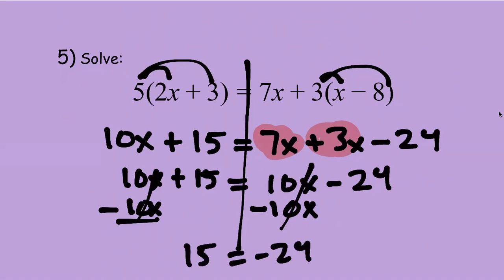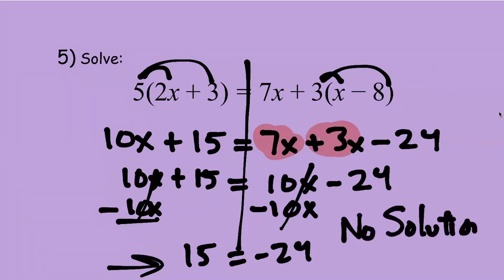Well, what this is saying is 15 is equal to -24. And unless you're in some weird kind of dimension, that's never the case. So when you have an answer like that, you would write down, there is no solution to this problem. There is no x value that can satisfy both sides of this.